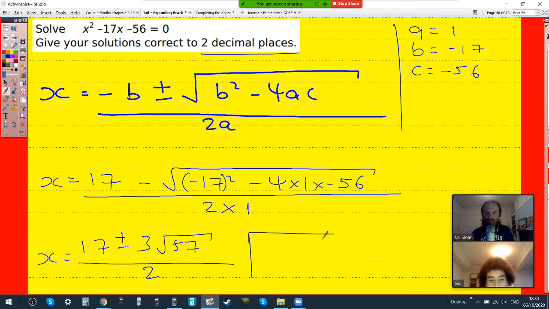And how would you get it to 2 decimal places for both of them? Go menu, A, polynomial. A equals 1, B equals minus 17, C equals minus 56.